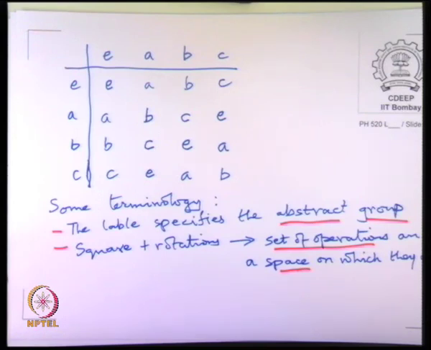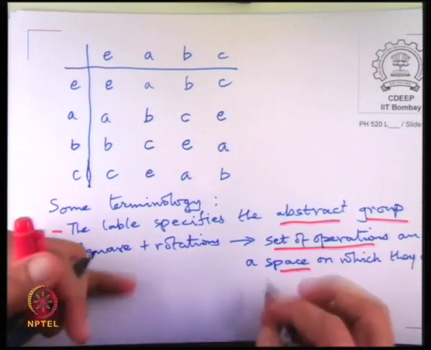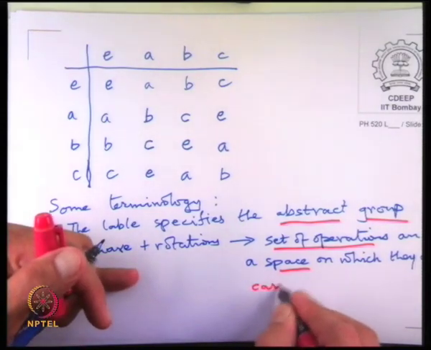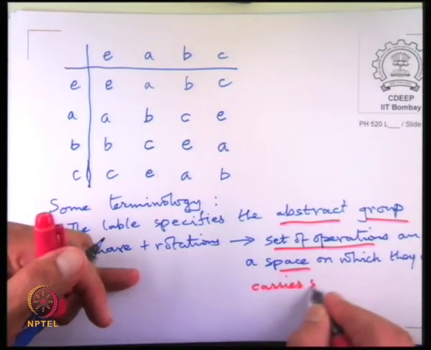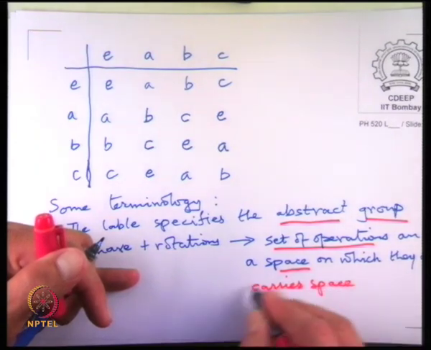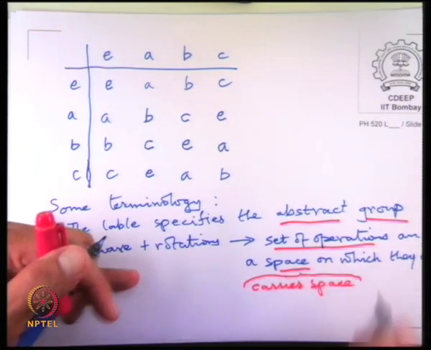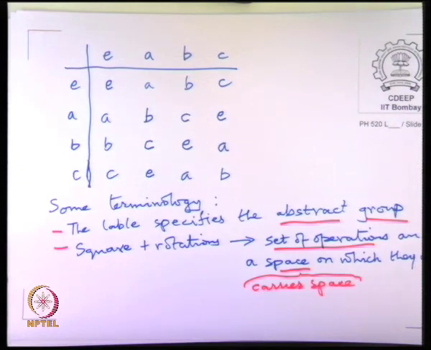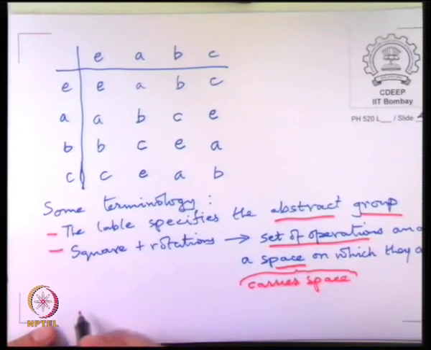So, this is called the carrier space, on which those things act. Now, this whole package is called a realization.